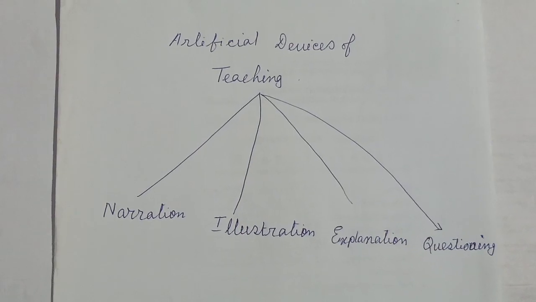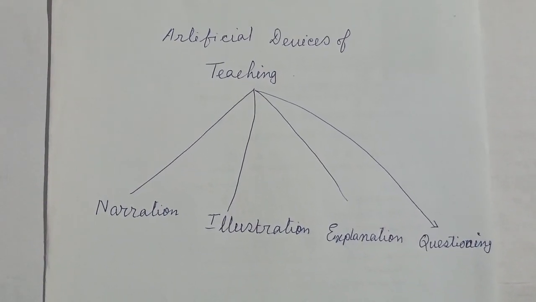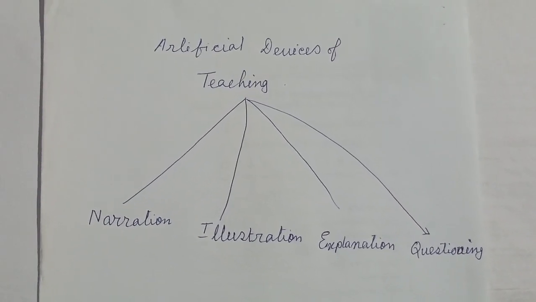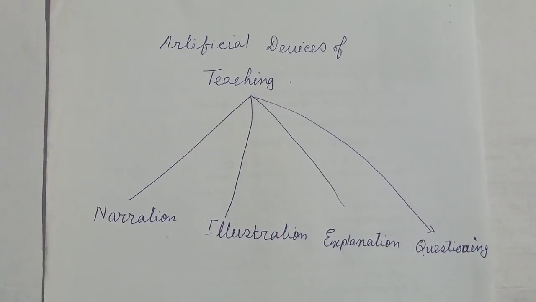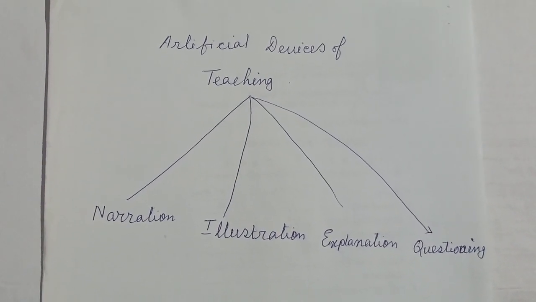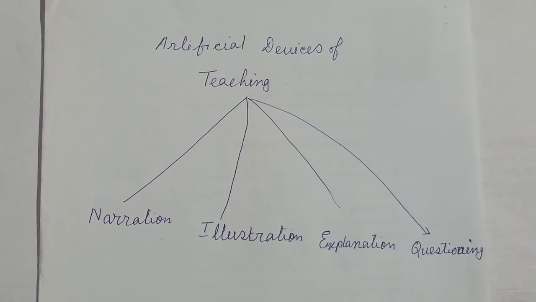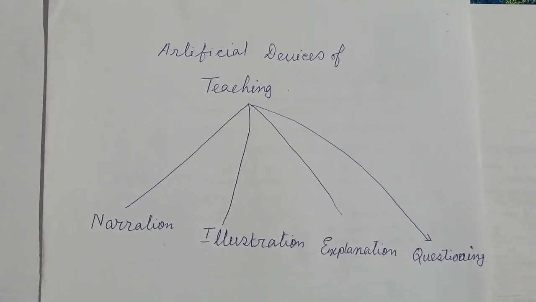But when we narrate something with the help of different teaching aids, on the basis of different teaching aids, it is called illustration. In this sense, map reading is also a kind of illustration.